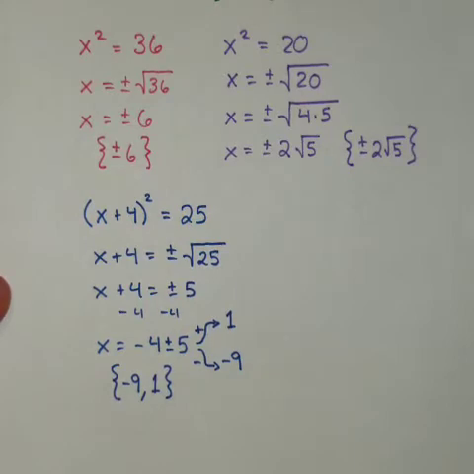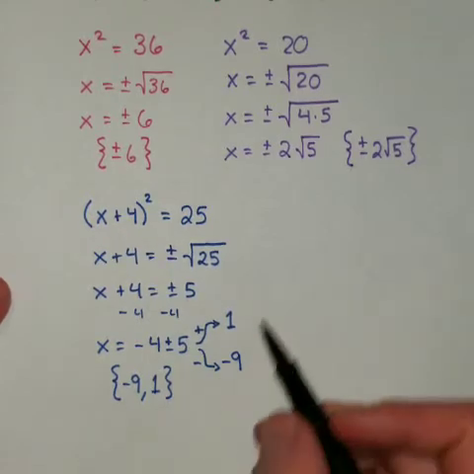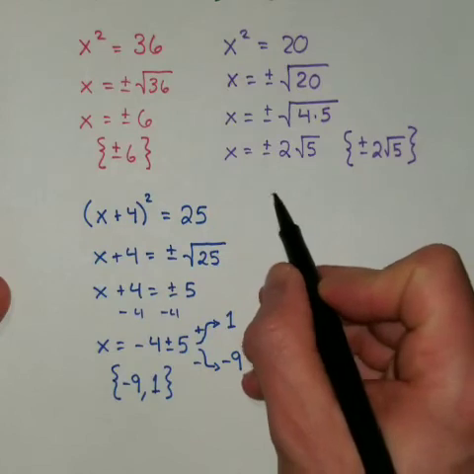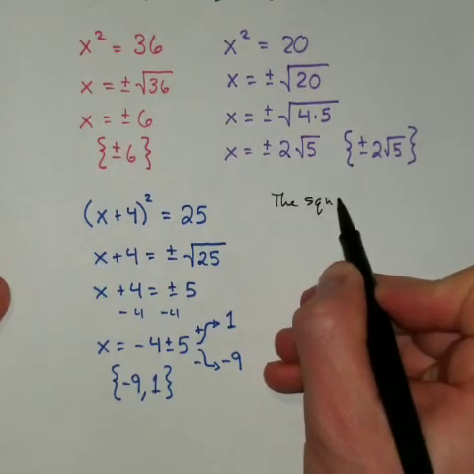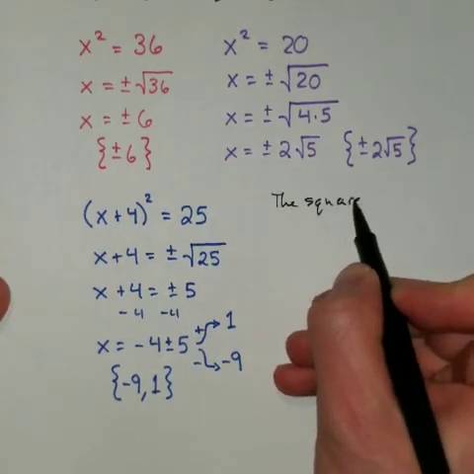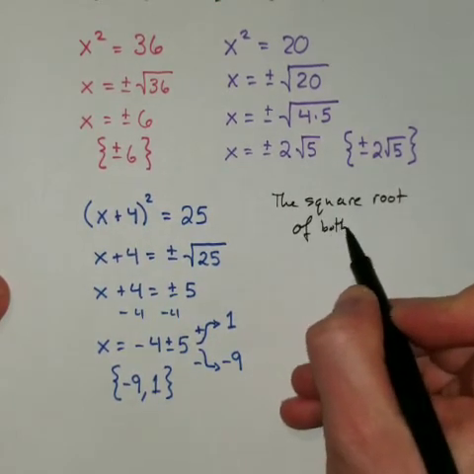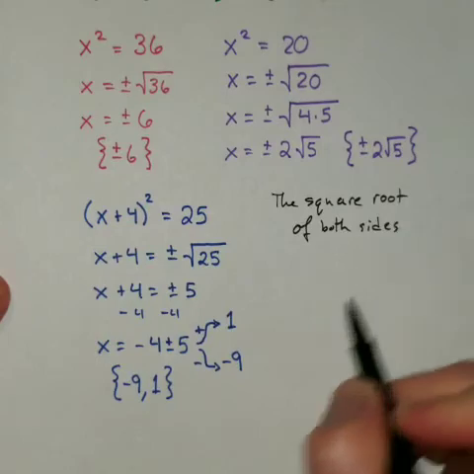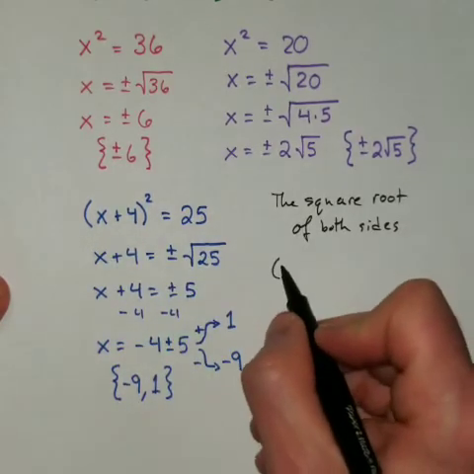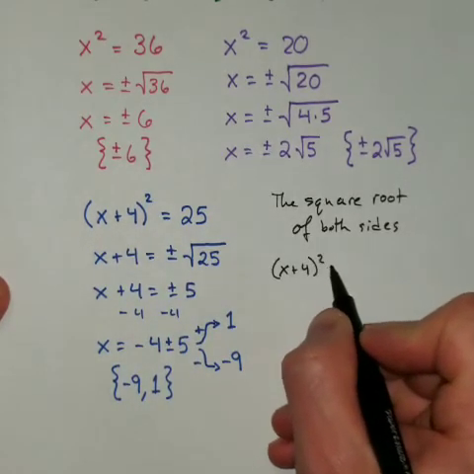Okay, one thing I do want to point out is that some people call this taking the square root of both sides. And I'm okay with you thinking about it this way, but you do need to be careful. If you were to think about this as the square root of both sides, I'll just start it off with this last example real quick here.